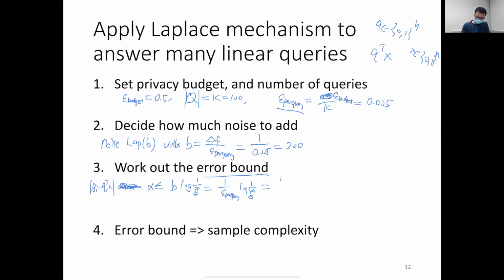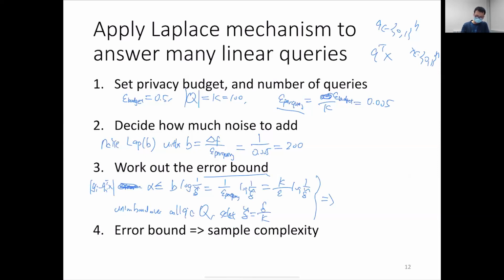This is k over epsilon total log 1 over delta theta, and by union bound over all i, all queries in this query space, we select delta theta to be delta over k.